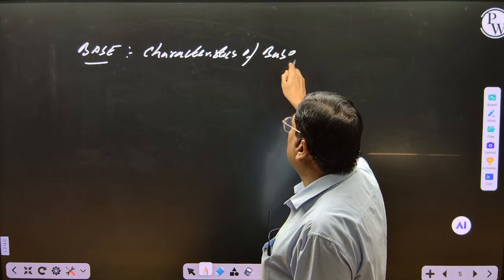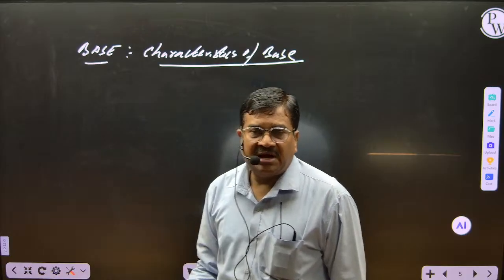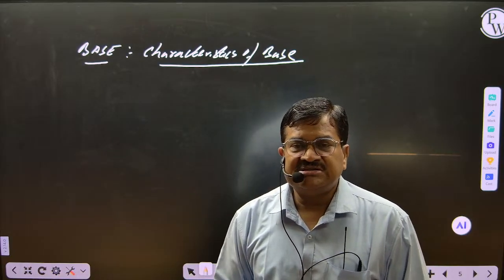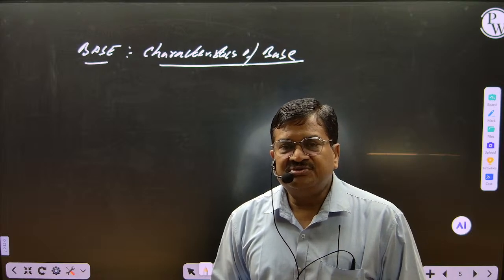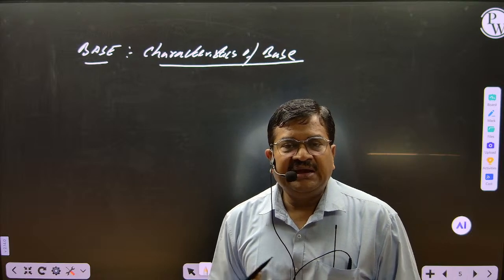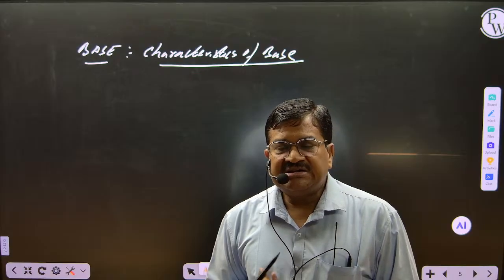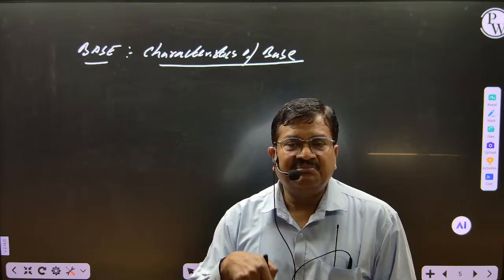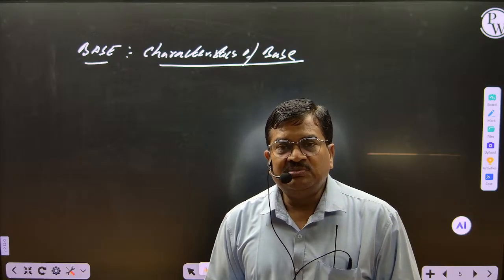Now, as I told you, there will be a litmus paper. As it is colorless, we don't know. Both acid and base will be colorless, so we don't know which is acid and which is base in the lab. Then what we do, we take litmus paper. Previously for acid we took blue litmus paper. Now red litmus paper, when I dip it in base, if it turns red to blue, it is called base.